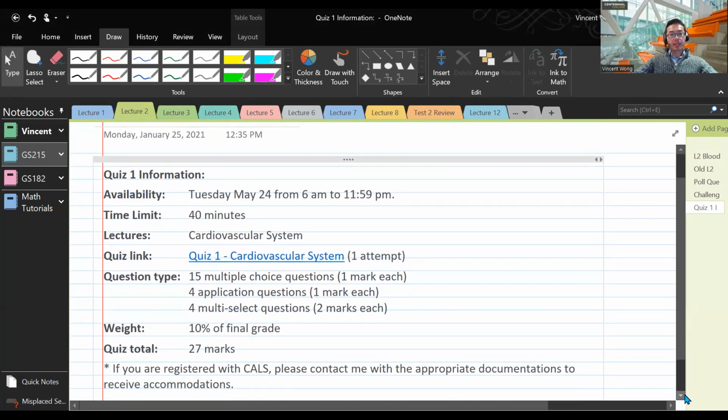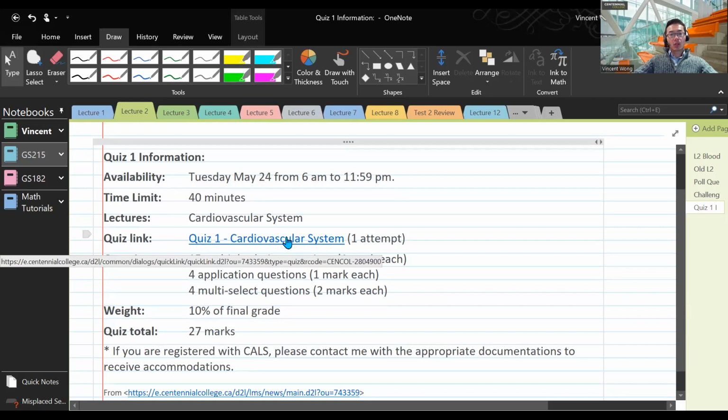And just like last semester, you will click on this link on the day of the quiz, and it will take you directly to it. There will be 15 multiple choice questions, 4 application questions, and 4 multi-select questions. The multi-select questions are 2 marks each, and it will be worth 27 marks in total, which makes up 10% of your final grade.